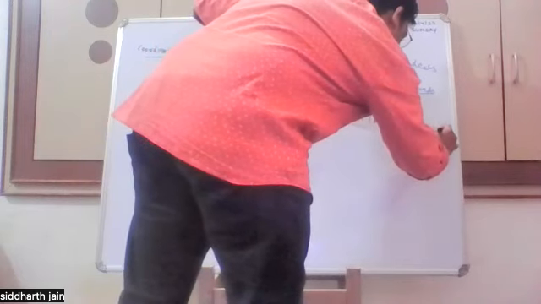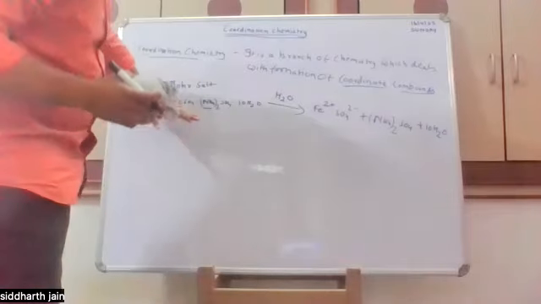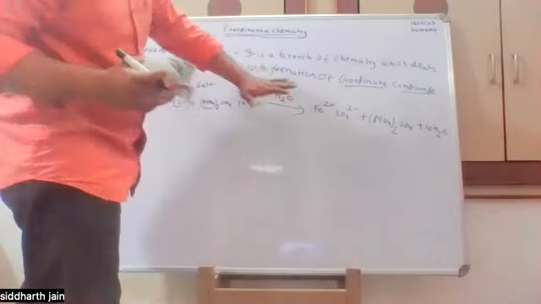Means the ions have been dissociated into the individual ions as the Mohr salt gets solubilized in the water.